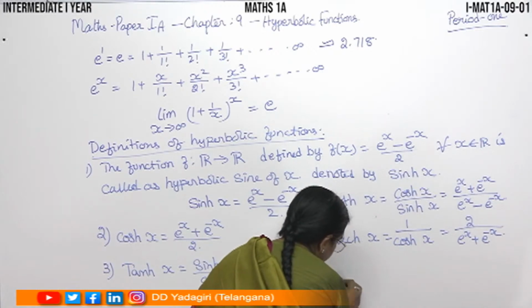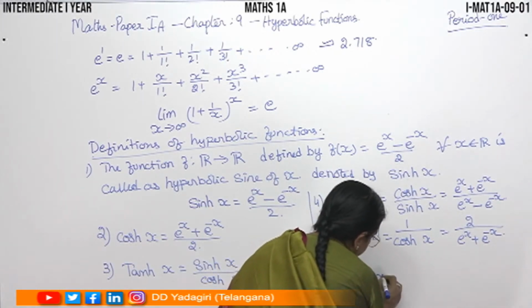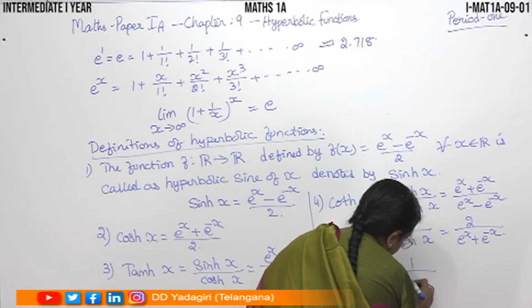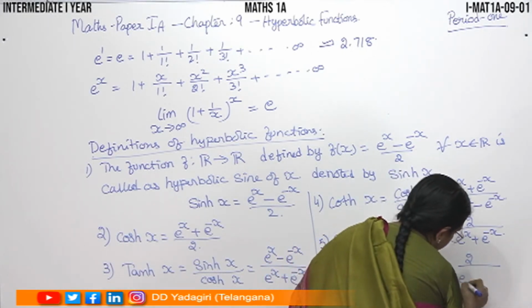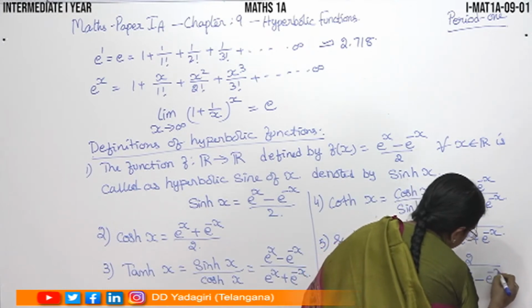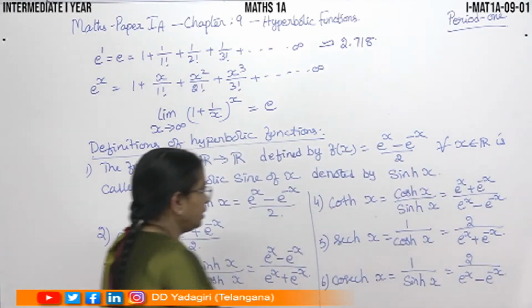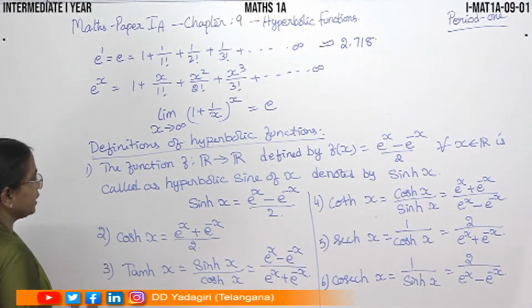Next is cosecant hx. Cosecant hx is 1 by sin hx, which is 2 by e power x minus e power minus x. In all of these, x is any real number.